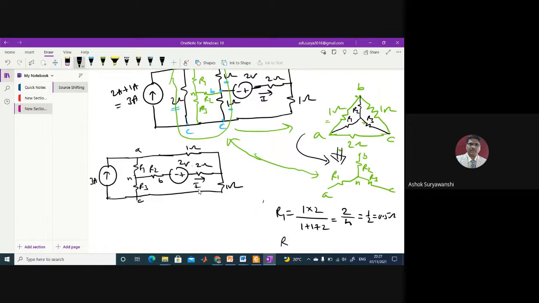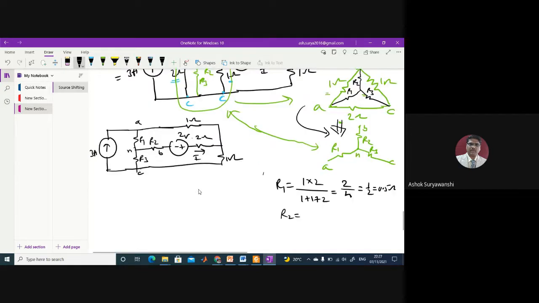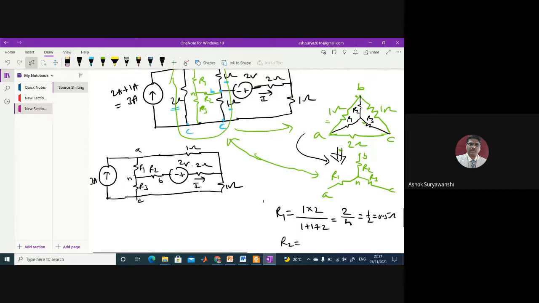Similarly, R2 equals the product of two adjacent elements of the delta, that is 1 into 1, divided by the addition of all three from delta.